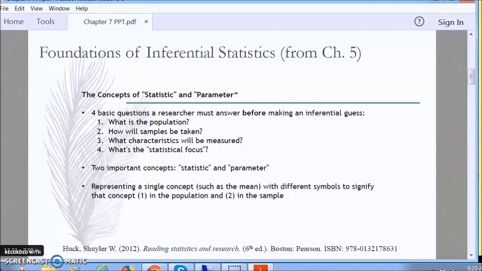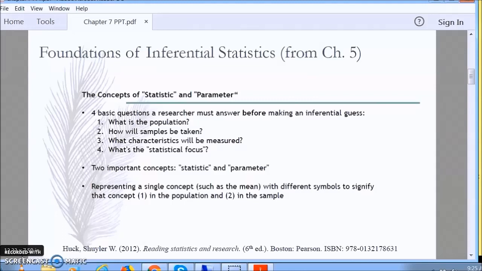The parameter, of course, you can never compute because the measurements only exist for a portion of the population. That means you can only do statistics on the sample, and most often you do not have the whole population with you.